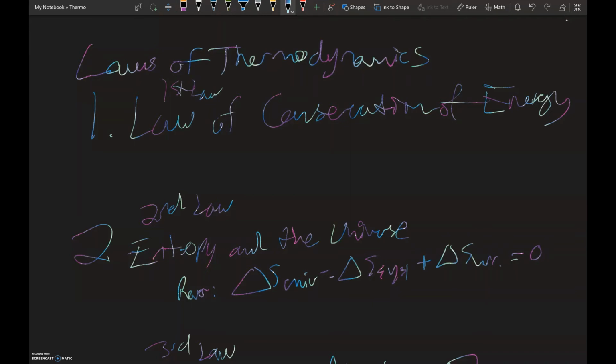However, if you have an irreversible process, the delta S of the universe is not going to be equal to 0, but it's going to be equal to the system plus the surroundings. And this is actually going to be greater than 0, because the entropy of the universe is constantly going to increase. And so delta S for an irreversible, real process is going to be greater than 0 for that reason.